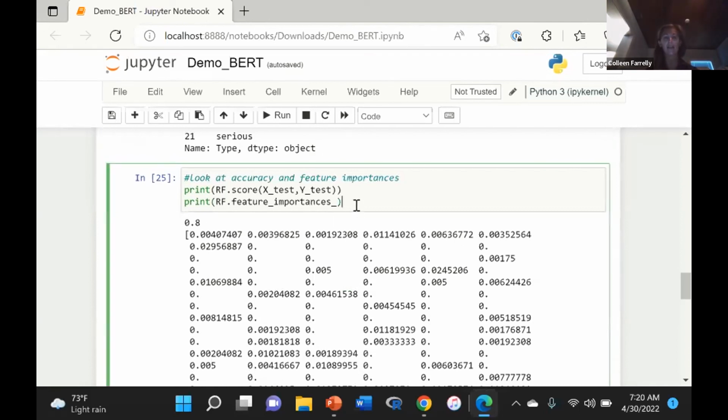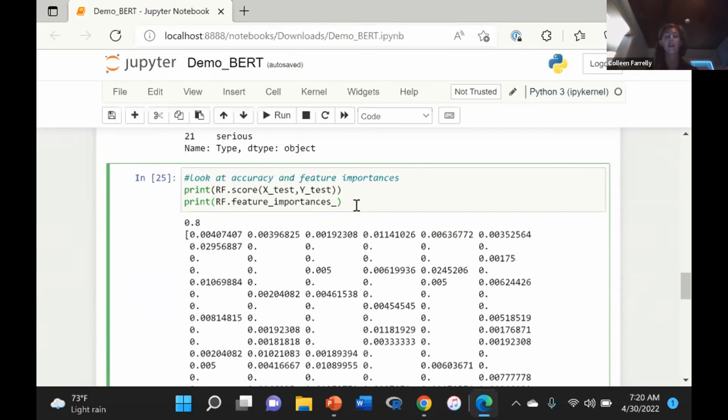And we can get the feature importances from the random forest model as well. This basically tells us which features are most important for correctly classifying these poems. For the BERT model, they don't mean very much because this is an embedding. It's not actually words. It's just some representation of groups of words that are combined to get to a smaller data set.